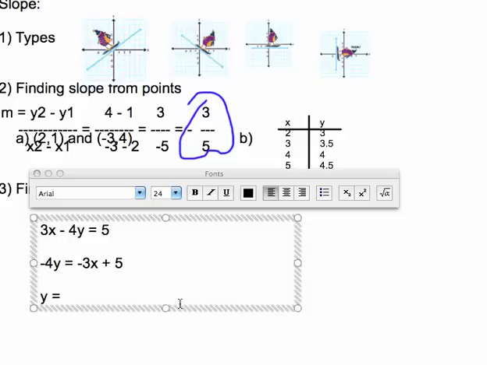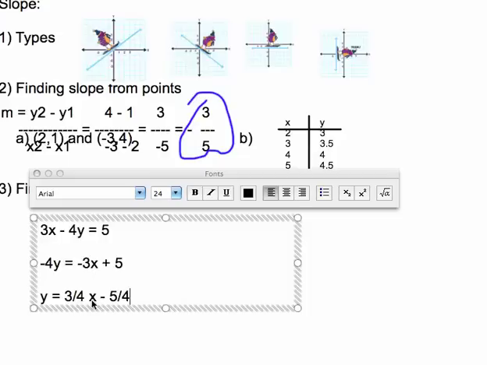Y equals negative 3 divided by negative 4, which is going to be 3 over 4, x plus, in this case, 5 divided by negative 4, which is actually minus 5 over 4. But this 5 over 4 is irrelevant because I just want the slope, which is 3 over 4.